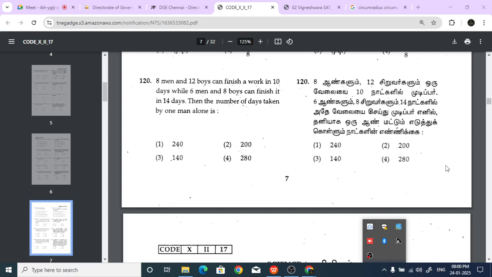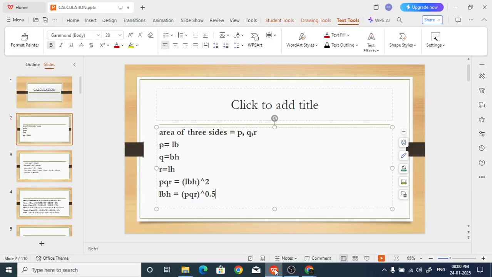Sir, last year we have studied. Okay, so how do you do it? Do you remember it? You must have studied like this in your school. I'll show you the method they would have said.